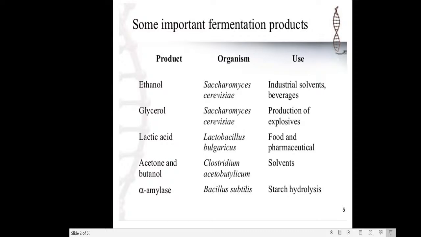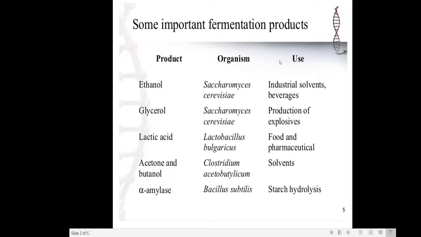I included ethanol first because in the current scenario many food industries have also started ethanol production, as it is very much needed. Ethanol can be produced by Saccharomyces cerevisiae. It produces beverages and also industrial solvents. In industrial solvents, they use it for sanitizer production.